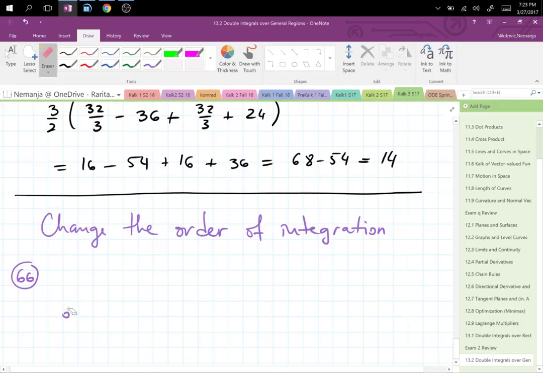We have 0 to 4, square root of x to 2, x over y to the 5 plus 1 dy dx.